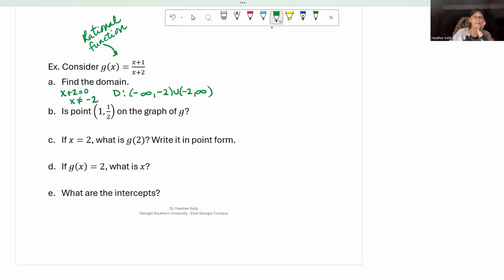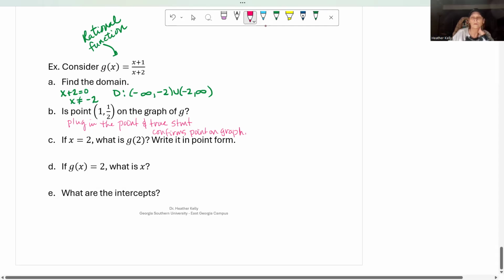The next question is: is the point (1, 1/2) on the graph of G? Now, how do we find that out? Well, we want to plug in the point, and a true statement confirms the point is on the graph.